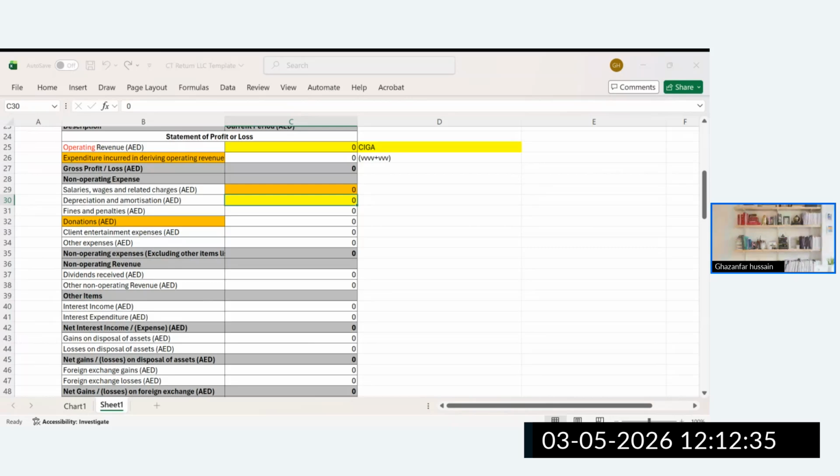Next figure, we discuss what we need: salaries, depreciation. From where are we going to take the depreciation?